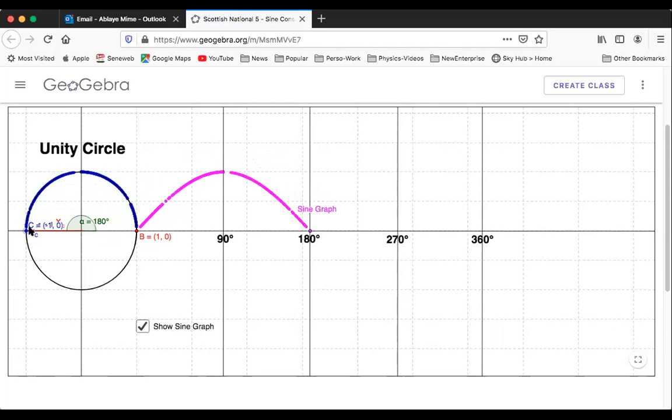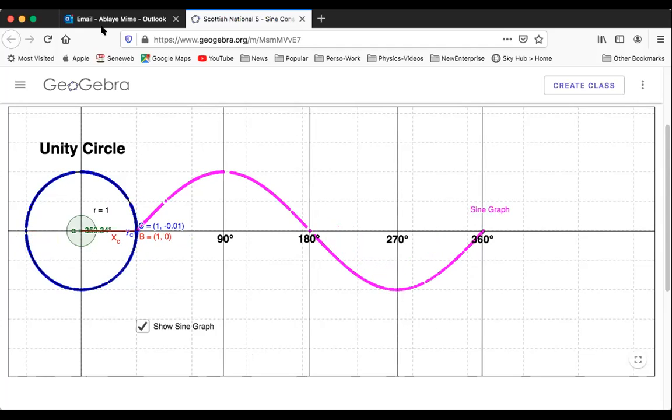And when we go from 180 to 360, this time my graph goes into its negative values and back at 360. And if I was to keep going after 360, you would just repeat the same graph here. Okay, so that's what the sine graph looks like.